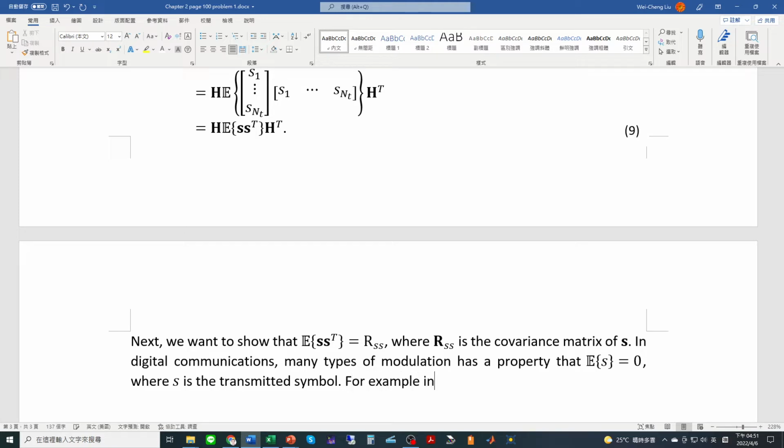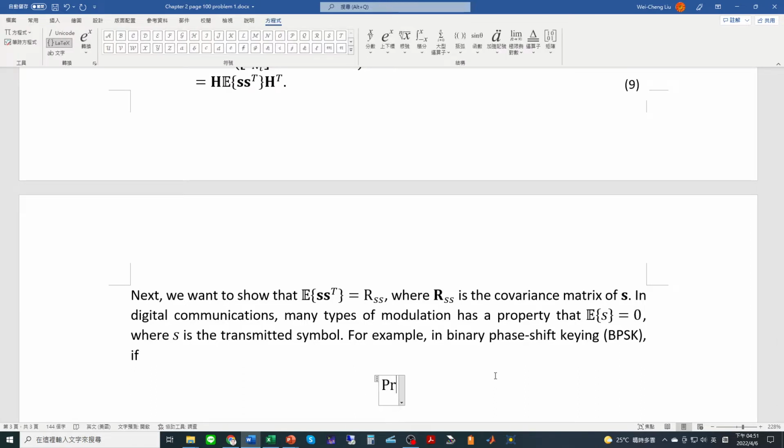For example, in binary phase shift keying, BPSK, if the probability S is equal to +1 is equal to the probability S is equal to -1, which is equal to 1/2.